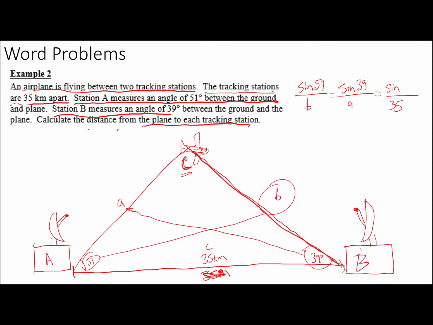We need an angle or a side. But we can find the angle because we have two angles. C is just equal to 180 minus 51 minus 39, which is 180 minus 90, which is equal to 90. So sine of 90 over 35 equals sine of 39 over A.